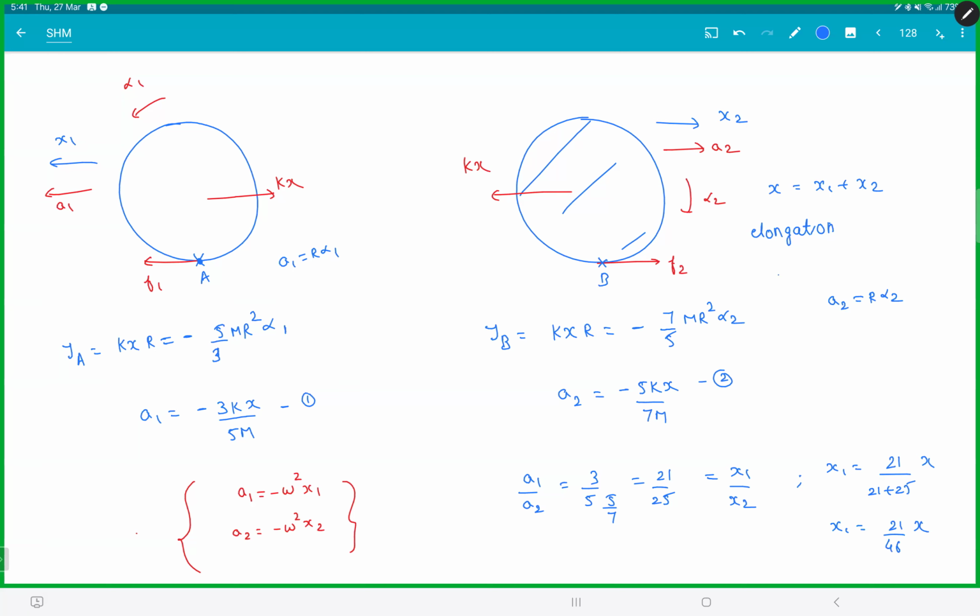So take this and put it in equation 1 or equation 2. I can put it in equation 1. So I know a1 is equal to minus 3kx by 5m, and we know x1 is equal to 21 by 46 x. So take this x and dump it here. We get a1 is equal to minus 3k by 5m into 46 by 21 into x1.